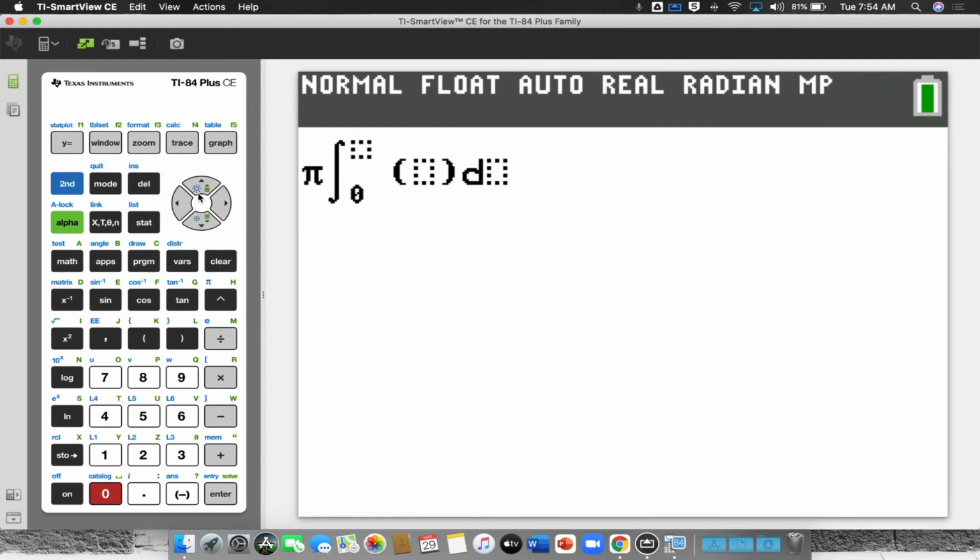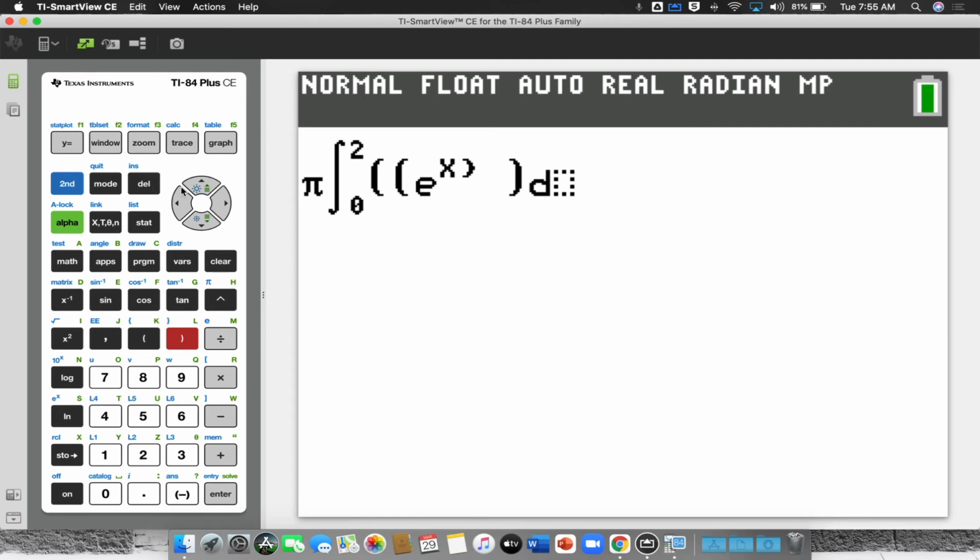We go from 0 to 2. We're going to have e to the x squared. So e, that's not the e I want. e to the x power.